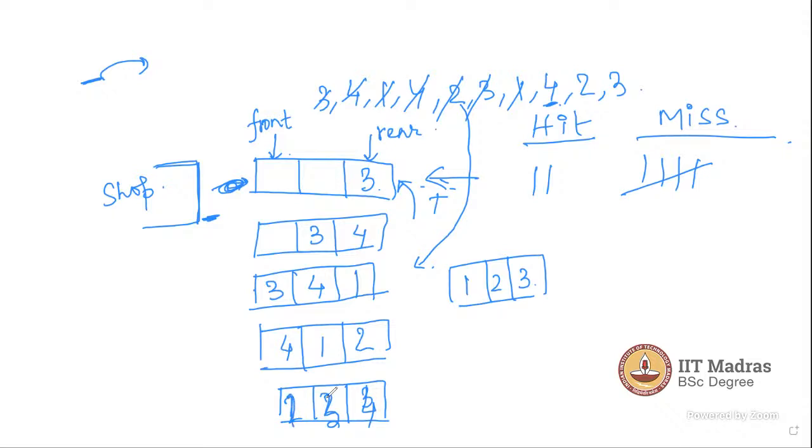So here is 1, 2, 3. Right? So here you get 2, 3, 4. That is a miss. Then 2 is there and the 3 is also there. Sir, are there 6 misses?